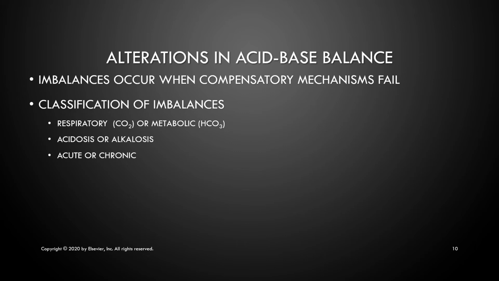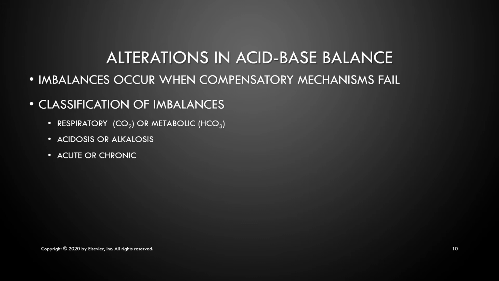Because this can help us understand what an underlying cause may be. Because remember, when we started this whole lecture, we stated that imbalances are not the problem. They're just simply a symptom of an actual problem within some other system.